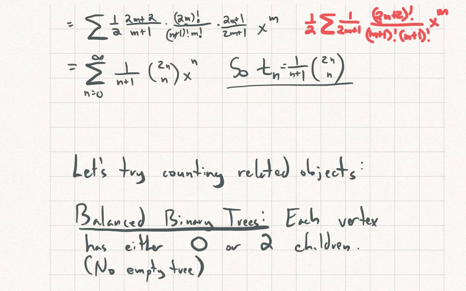First, I want to cancel off this 2m+1, so I'm going to need a 2m+1. And where is that going to come from? Well, it's going to come from this (2m+2)!. So I'm going to split this up into (2m+2) times (2m+1) times (2m)!. So that gives me access to this 2m+1 here. That'll cancel with this 2m+1. So I group them together, and they cancel. Great.